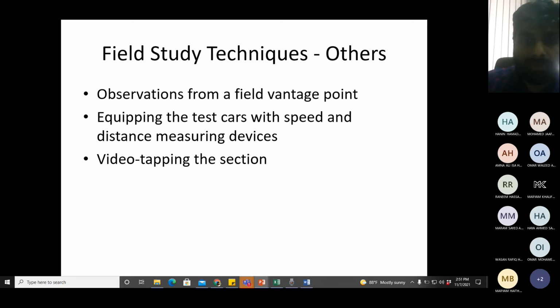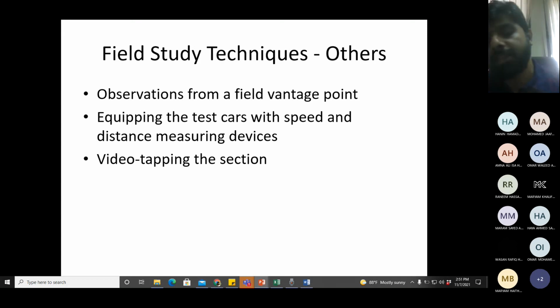Okay, that is a vantage point from where you can view the whole segment without any distraction. So you are on a vantage point, you see a car entering your segment, you record the time it entered, then you record the time it exited or wherever it is stopping. So all the observations can be done. But the problem here is finding out the vantage point. It can be top of a building, over a bridge and so on. But all highway segments may not have a vantage point.